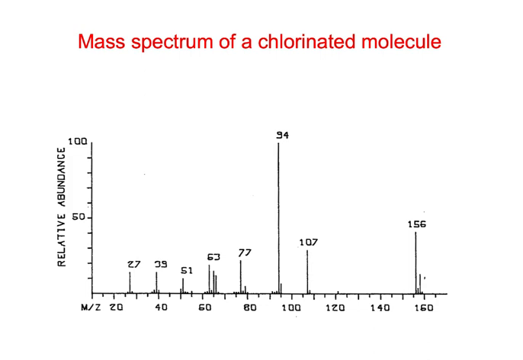All right, this one has chlorine. I think we might have looked at this one before, when we were looking at the presence of chlorine. It has this 3-to-1 ratio between 156 and 158, and essentially none of the others have any chlorine in them.